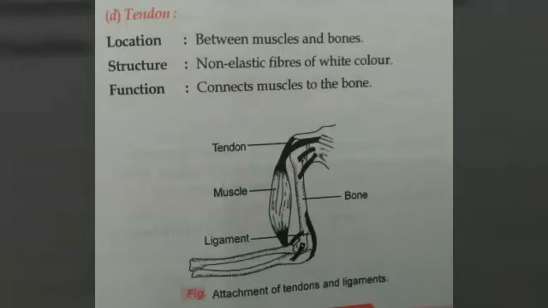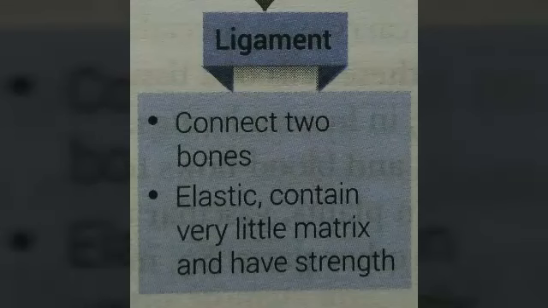So the function of tendon is to connect muscles to bone, and the structure is non-elastic fiber of white color. These are white in color. So you can see in this picture the tendon connects the bones with the muscles. These are located between the bones and muscles.